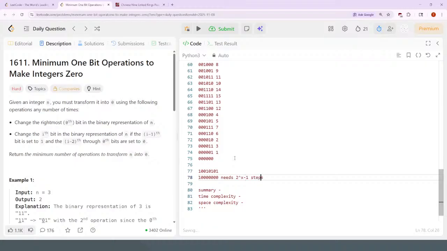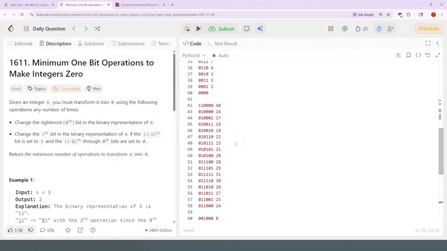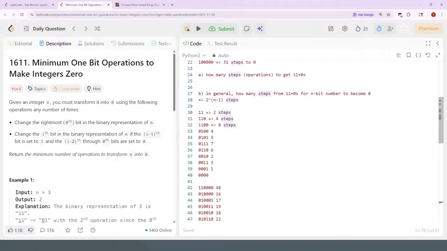I think it's going to be, what was it? So this was 8 steps, and then this is 7 steps. So I think it's this thing plus 1 is the power of 2.